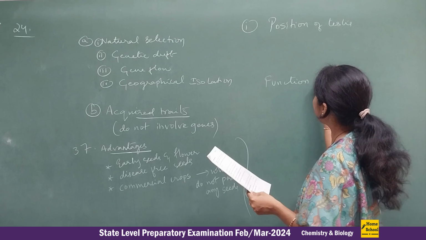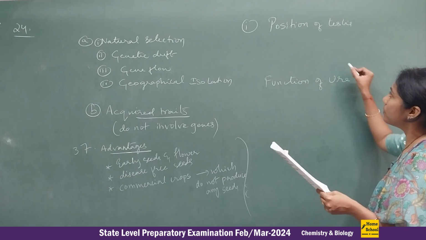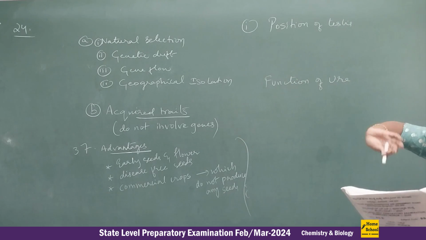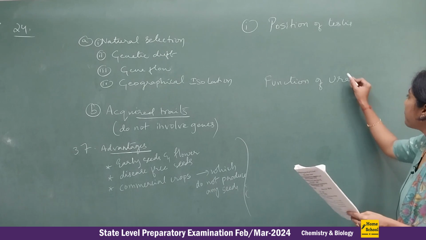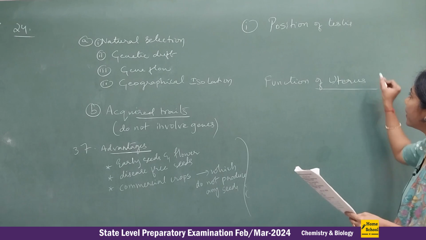So just their functions are, why the testis is located outside, that you mention, that can be an answer here. Okay. So let me write the answer in a shortcut way.